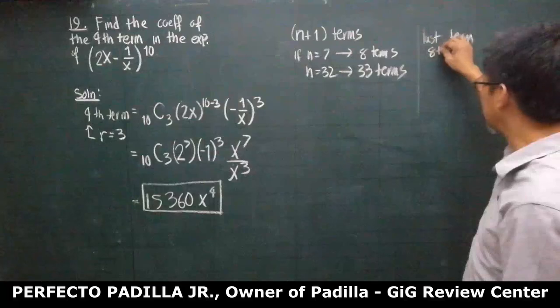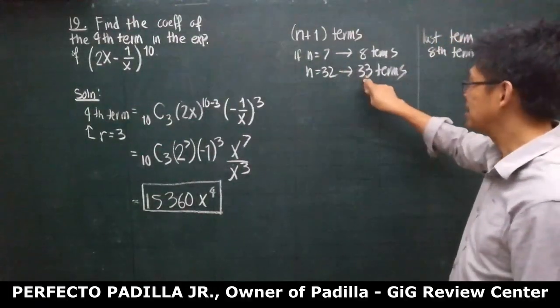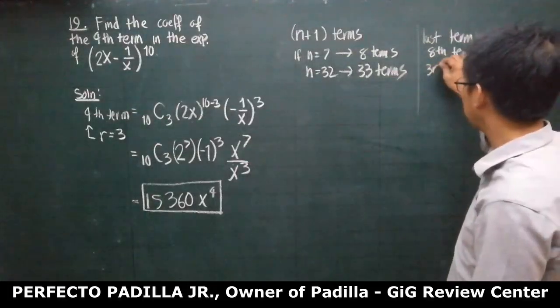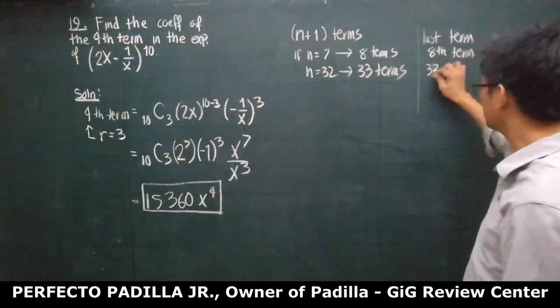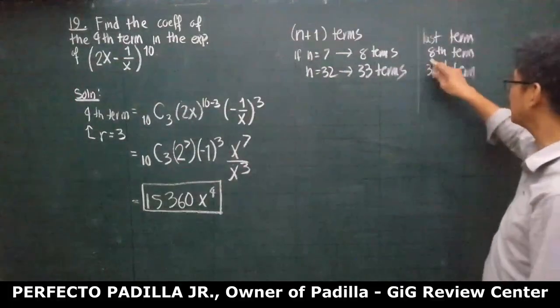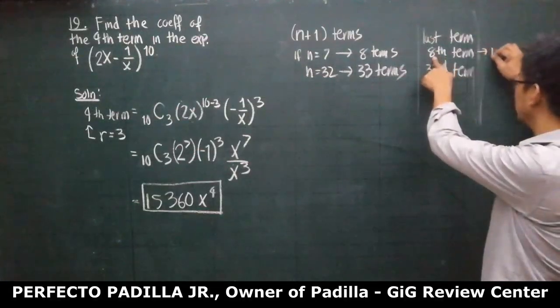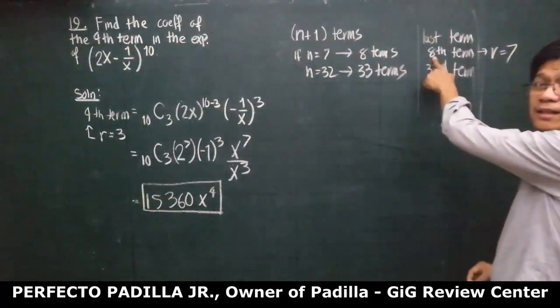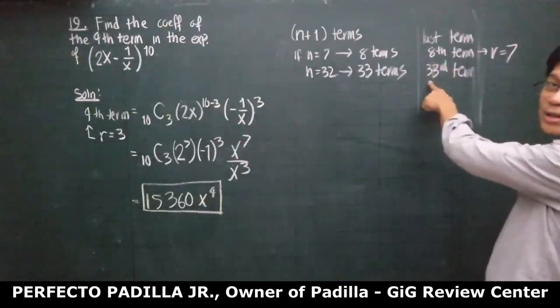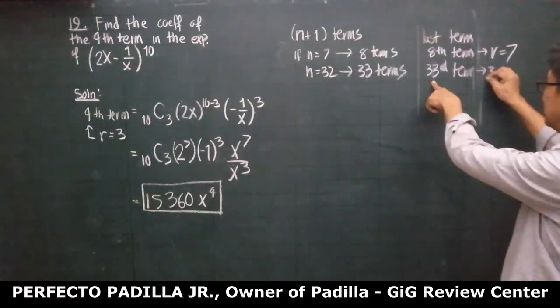This is the 8th term. When N is 32, the last term is the 33rd term. Diba, kung 8th term, ano ang R? Ang R is 7. Correct? Pag ito 33, ano yung R? 32.